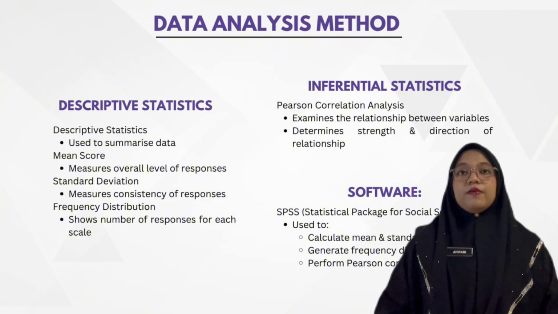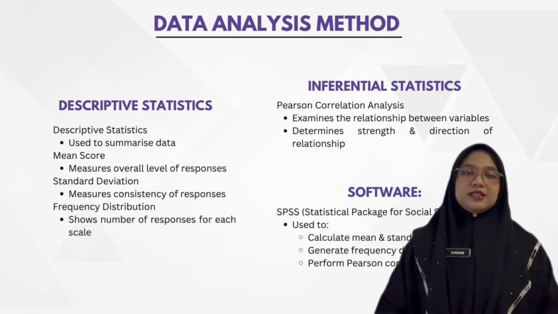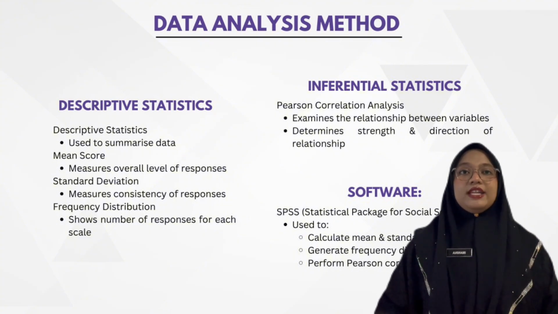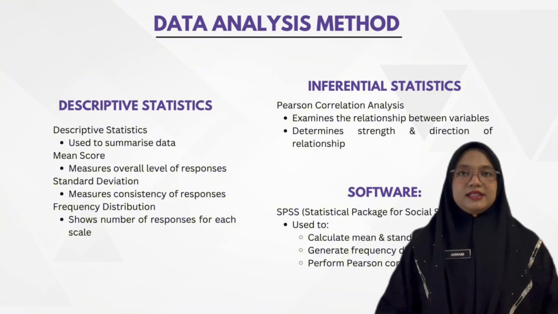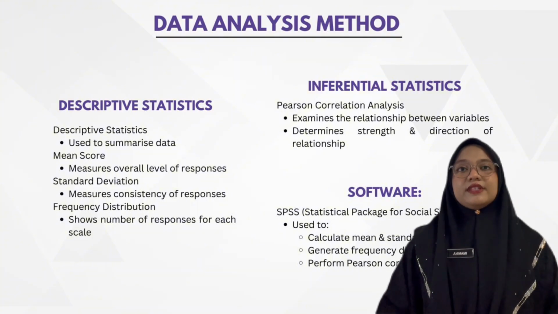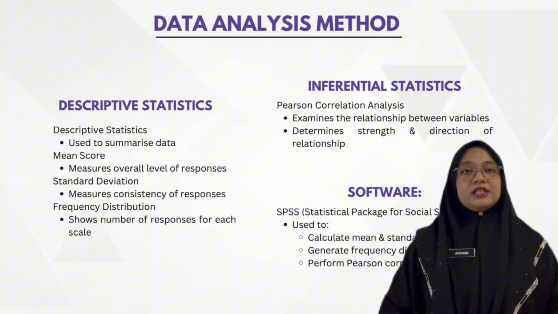Lastly, I will explain the data analysis method. The data analysis refers to the process of organizing and interpreting data to answer research questions. There are 2 types of analysis used in this study. First is descriptive statistics. Descriptive statistics means summarizing the data.